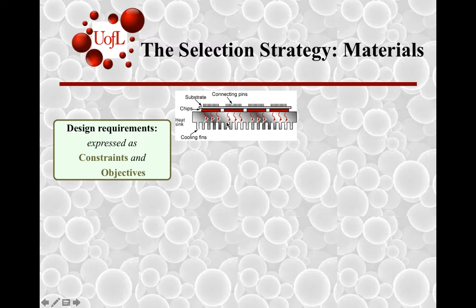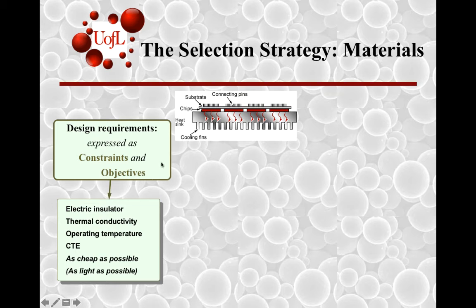Can you think of it? Some aspects are, it should be an electrical insulator, otherwise it will short out this whole set of electrical circuits. It should conduct heat, so thermal conductivity. There should be fewer thermal stresses, so the coefficient of thermal expansion, CTE, should be matched to the chips that are mounted on top of the heat sink.